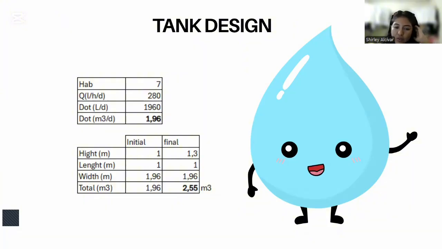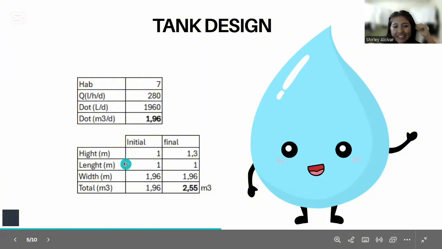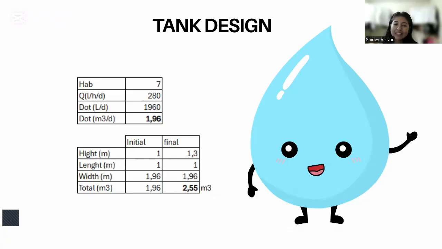The tank dimensions were designed to store this volume with an initial height of 1 meter and a final height of 1.3, keeping the length and width constant at 1.96 meters. This provides a total storage capacity of 2.55 cubic meters, ensuring sufficient water reserve for daily domestic use and minor fluctuations in demand. Thank you.